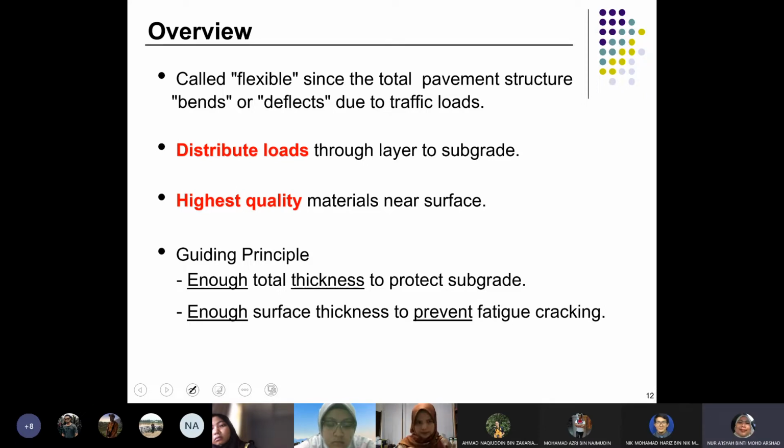Kalau tengah-tengah dia tu bend, you ada lagi shoulder yang memegang. Ya, dia reflect pada structural subjek dalam ni kan.